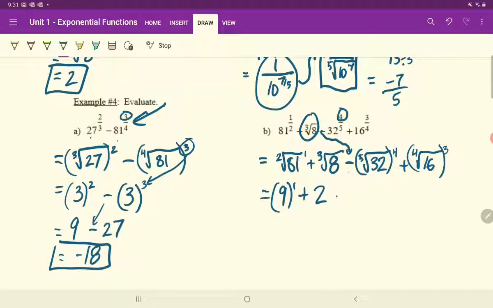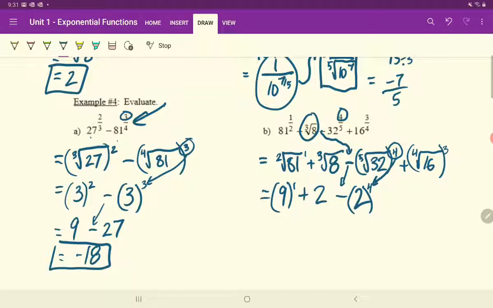Bring down the minus sign. What number times itself 5 times equals 32? 2. Except this time it's a 2, but look what's still out there that we haven't done. The exponent 4. All right, so make sure you bring that down.